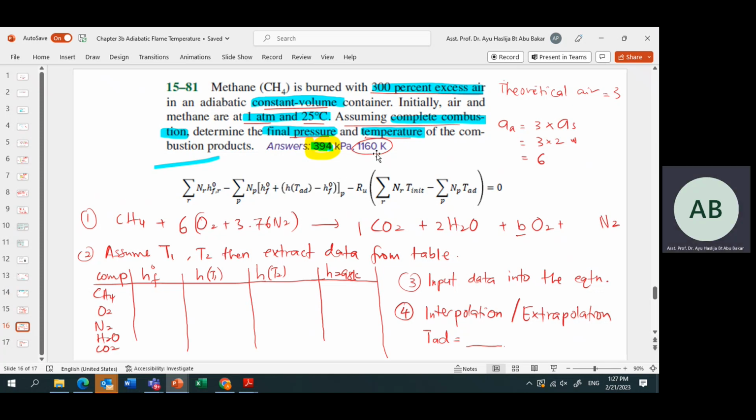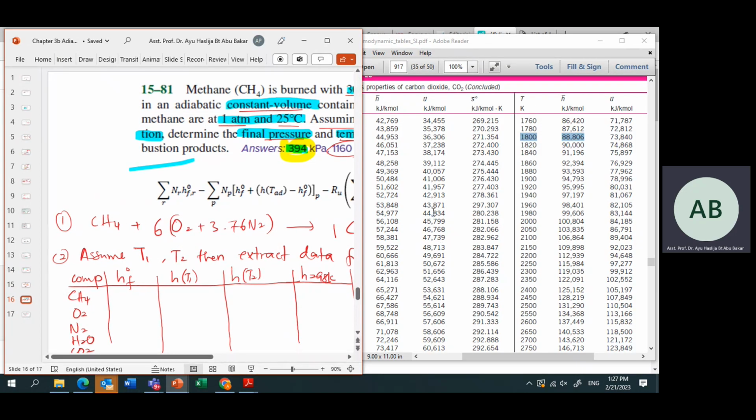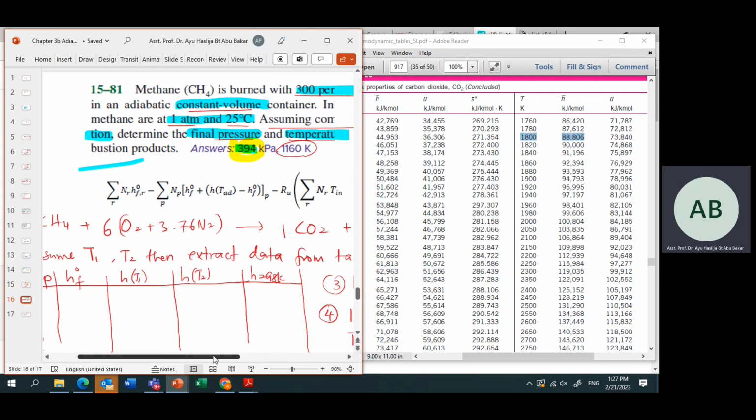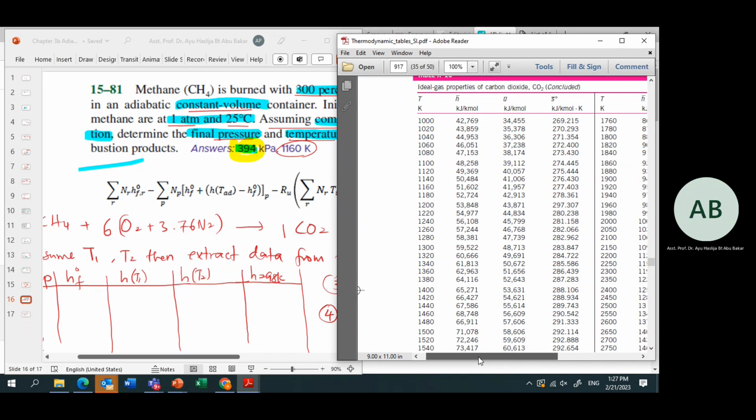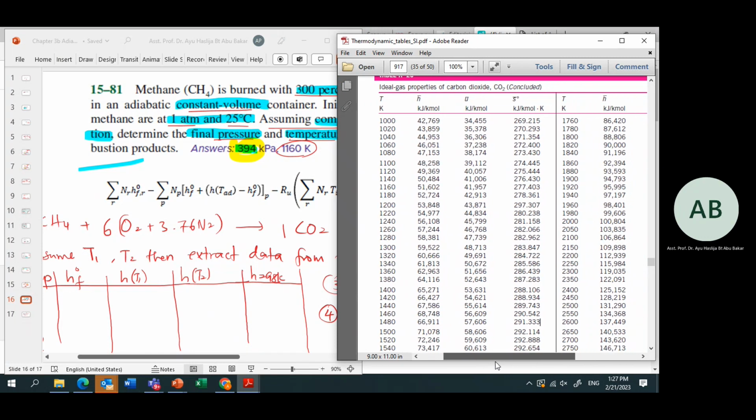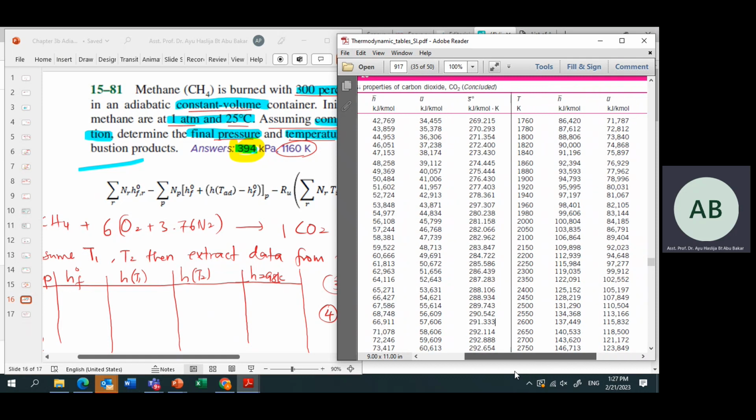Okay, T adiabatic is the product's temperature, which involves properties for CO2, O2, N2, everything, right? This one, we can refer to the properties table. Okay, let's see whether we can get. Let's say we take for CO2 at 1160. Can we get the pressure? No, it's not listed.